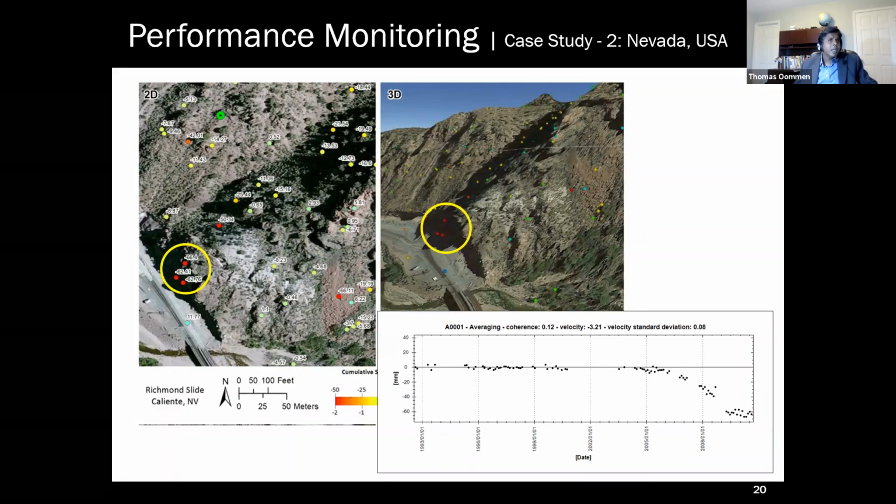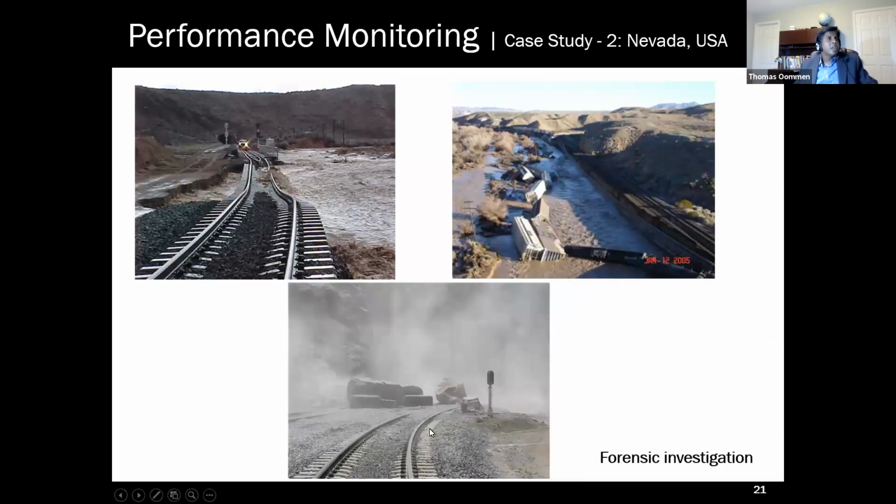Now, the question of what is going on and why this movement was happening was not very clear to the rail company or us. So while we did the literature search, what we found was there were time-stamped images from the area showing that a massive flooding occurred in this area in 2005.